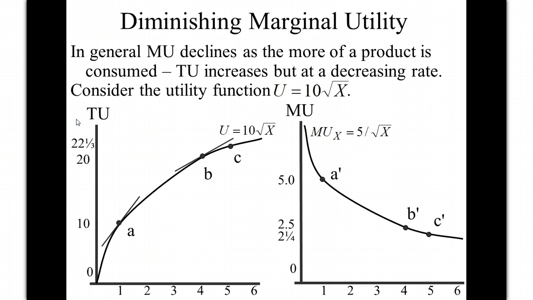It's the slope or shape of the utility function that matters. The actual numbers aren't that important. We could multiply all those numbers by 10 and we get the same slope, the same shape. What matters is the rate of increase. For example, this could be a utility function: utility is equal to 10 times the square root of x. It could as easily be utility is equal to the square root of x. Or utility is 100 times the square root of x. Just something that gives us the same order.